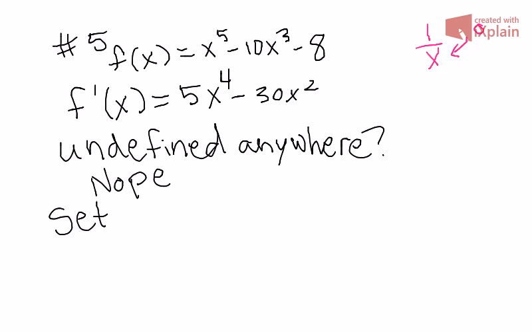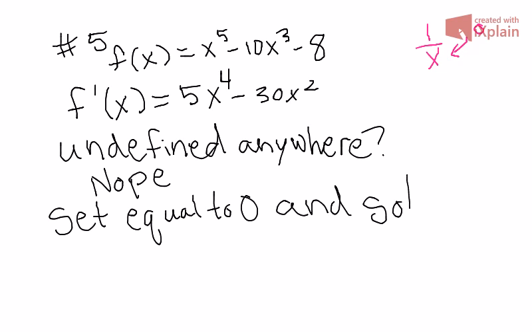Or you can set the derivative equal to 0 and then solve for x, and at those spots, that's where you have those critical points, because that's where the derivative equals 0. And remember, the derivative is a representation of the function's slope.